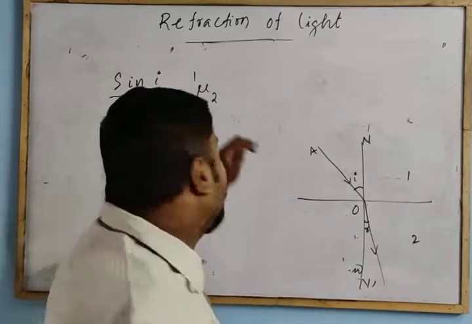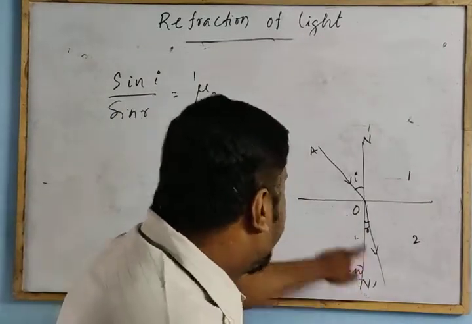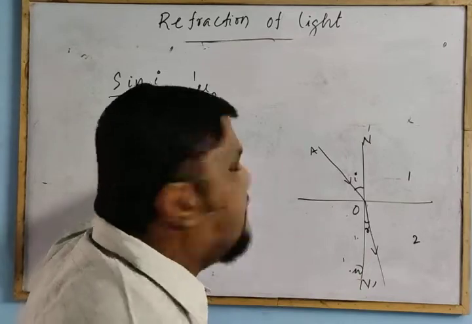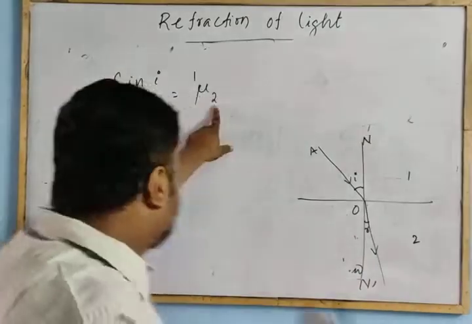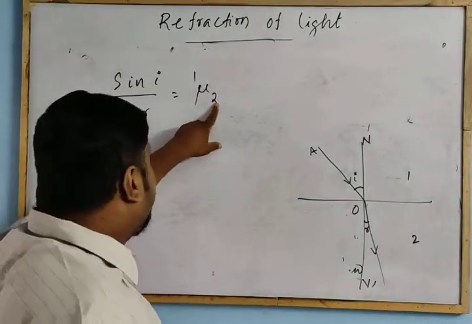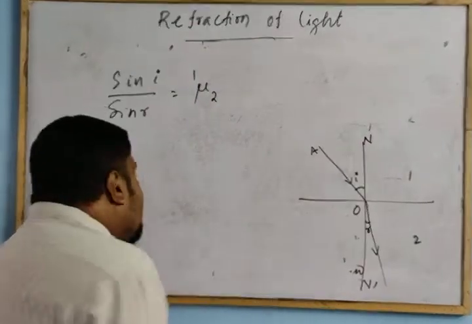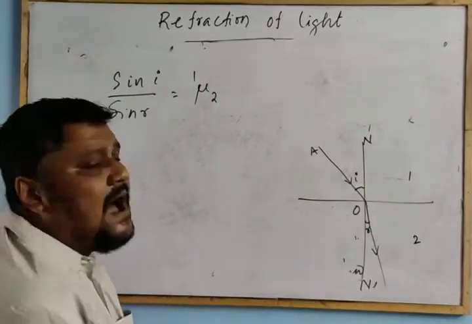And remember, while writing relative refractive index, the refracted ray's medium is written first. So this is sine I by sine R.